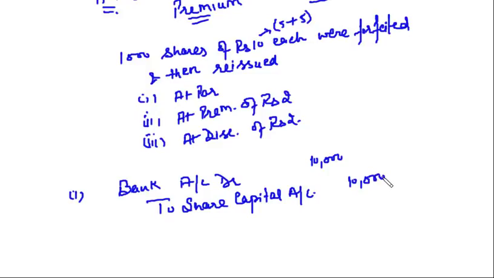Your share capital will increase and you have received 10,000 rupees in your bank on the forfeited shares. Your bank will increase. The forfeited shares you are reissuing to the public, you will receive money and that money will become your capital. Your share capital will increase and your bank will increase. So the entry will be bank to share capital.